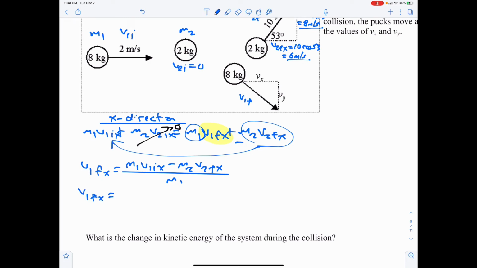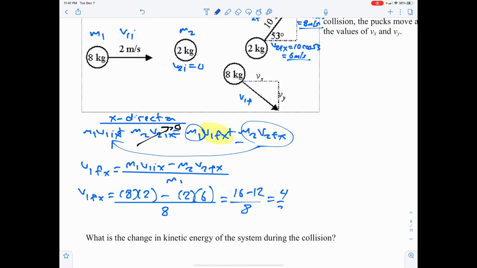Mass 1 was 8, so we go 8 times 2 minus 2 times V2 final in the x direction, which would be 6. So 2 times 6, and then over mass 1, which was 8. This is 16 minus 12 over 8, which is 4 over 8, which is 0.5. So V1 final in the x direction would be 0.5 meters per second.